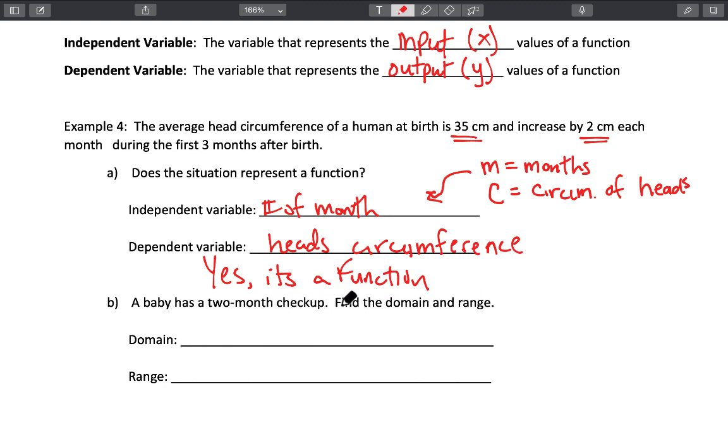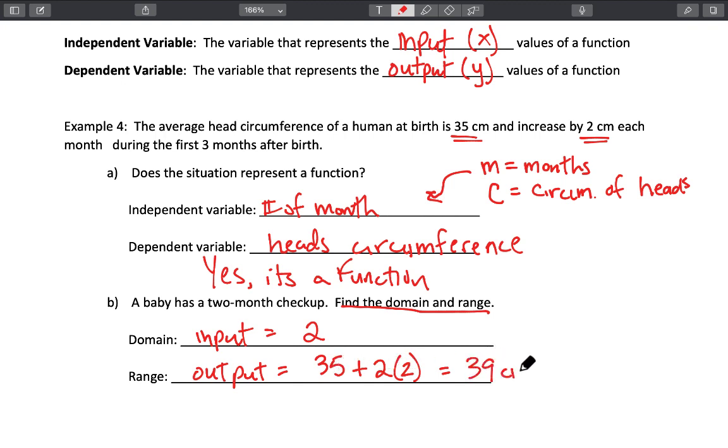Find the domain and the range. Well, the domain is going to be our input at 2 months, and that is going to be equal to 2. And our output, which will be our range, will be that 35 plus 2 centimeters times the number of months after birth. So the circumference of that baby's head should be 35 plus 4, which is 39 centimeters.